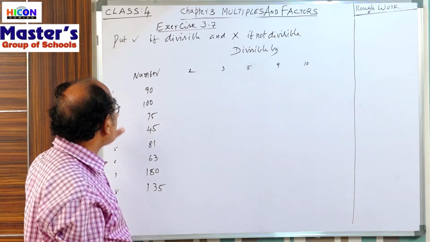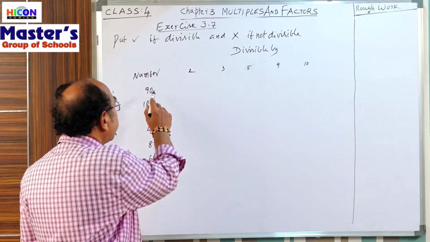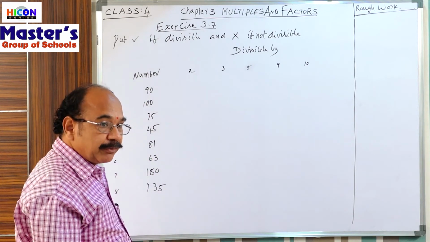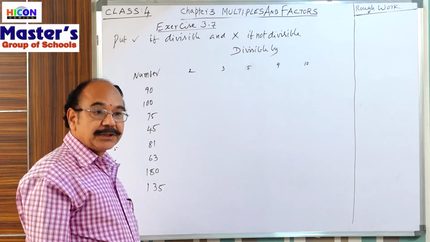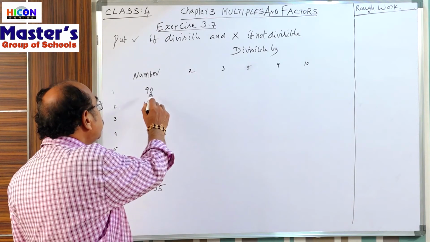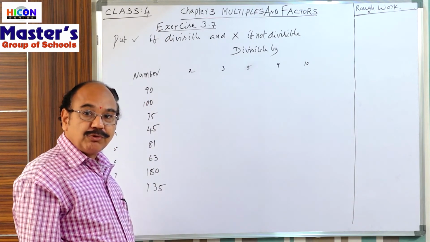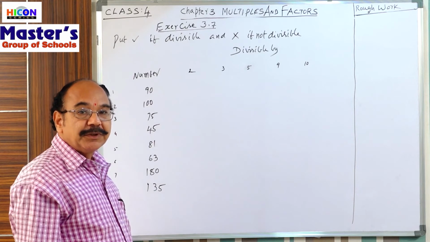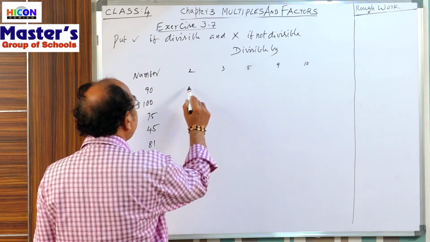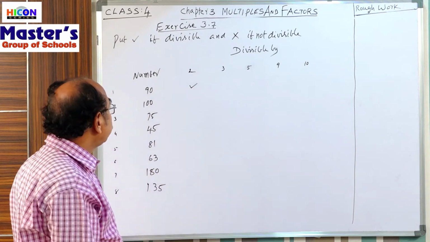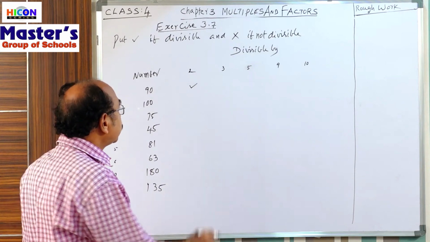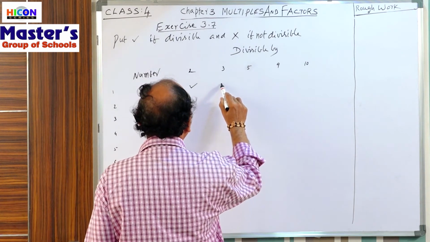Okay, children. First number, see. What is the first number? 90. Is it divisible by 2? Yes, it is divisible by 2. Why? Because 0 is in the units place. If the units place is either 0, 2, 4, 6 or 8, it is divisible. So we put a tick mark. Is it divisible by 3? Yes. Why?